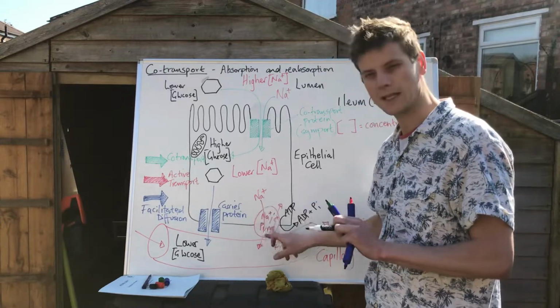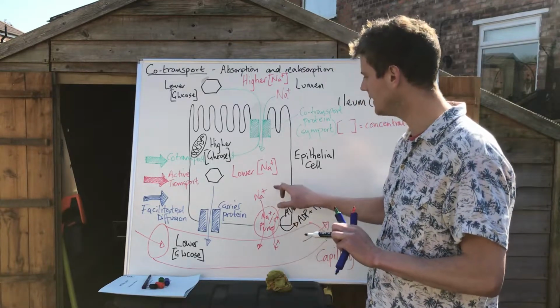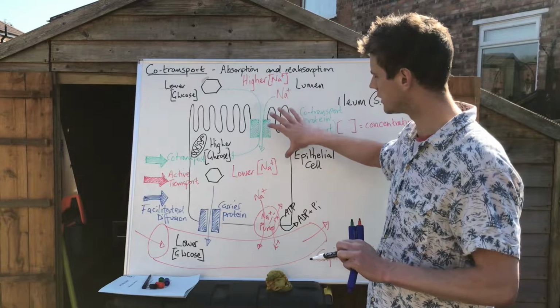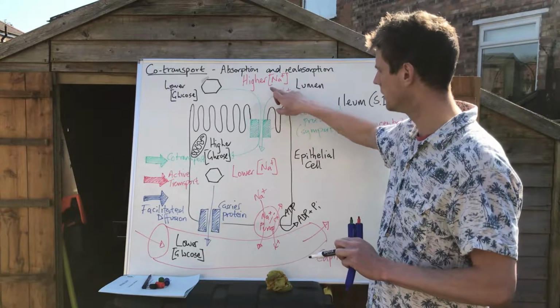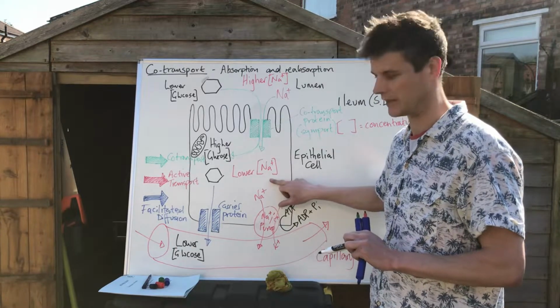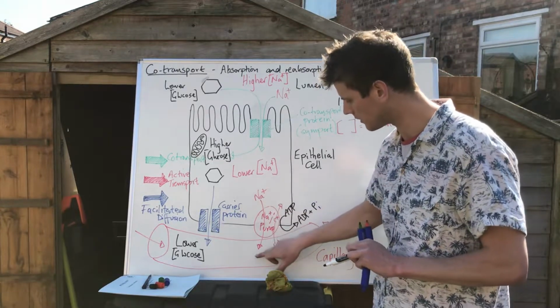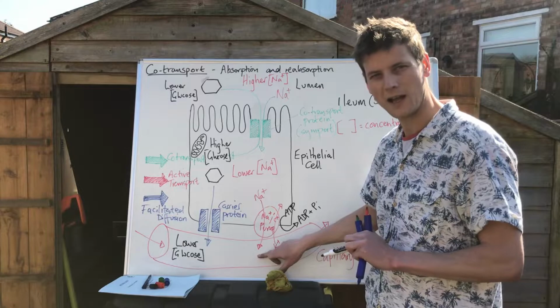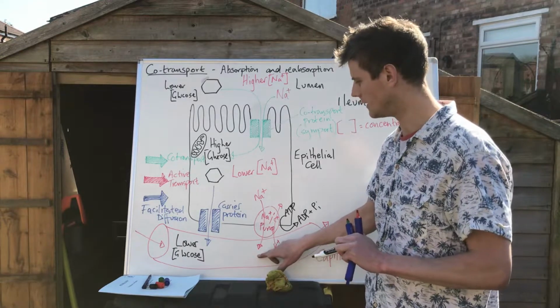The sodium-potassium pump creates this concentration gradient of sodium ions between the lumen and the epithelial cell. And it does that by actively transporting sodium out of the epithelial cell and into the blood.